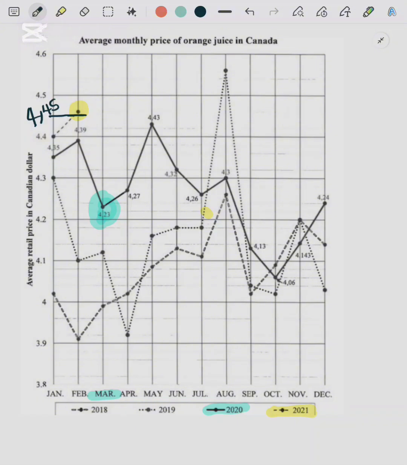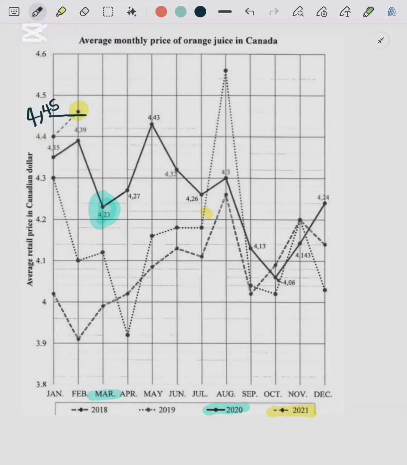I wouldn't go any higher than that because it is quite close to that line. If it was higher up, then maybe I'd go up to 4.47, but 4.46 would be approximately, right? You are normally allowed about 1 decimal point if you make a mistake with the estimating, but it is very clearly not 4.45.